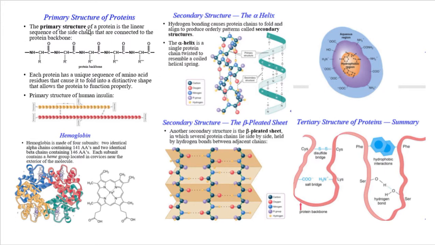Human insulin has this kind of structure, but the secondary structure can give you an alpha helix or a beta pleated sheet, and it's because between different strands of the protein we have several hydrogen bonds that make a structure like a helix or this in a plane, as you can see.